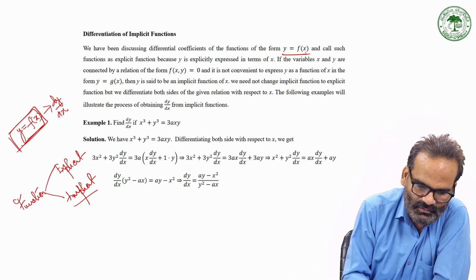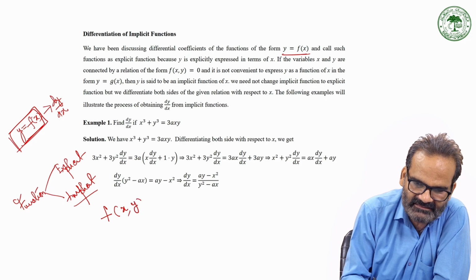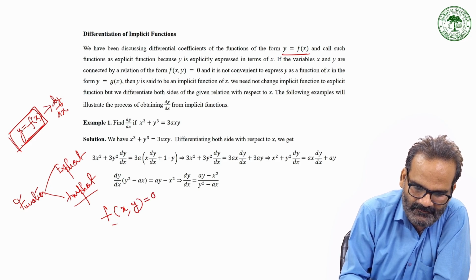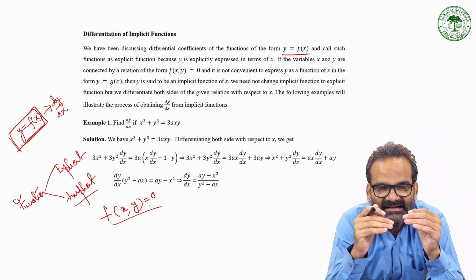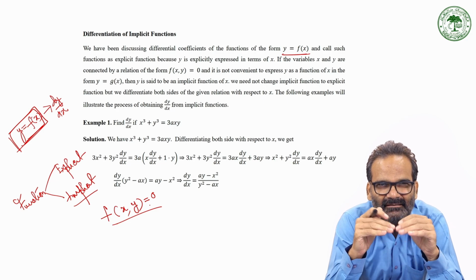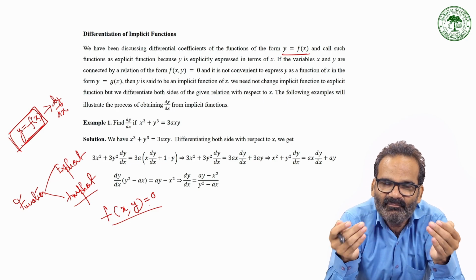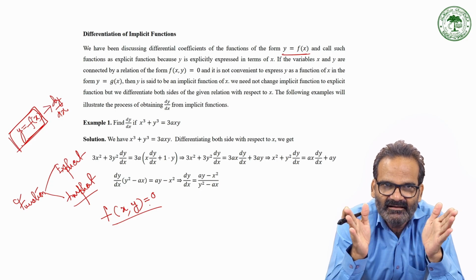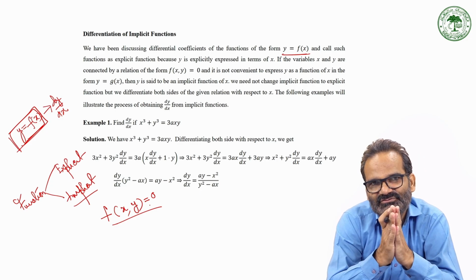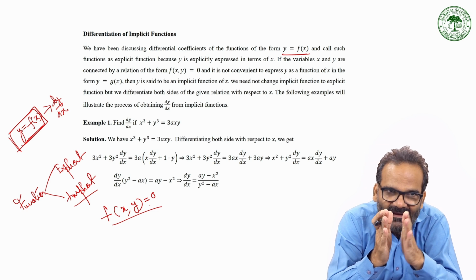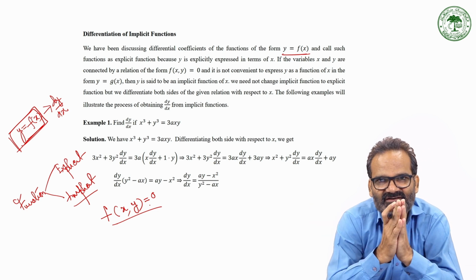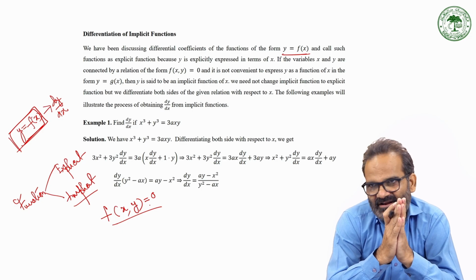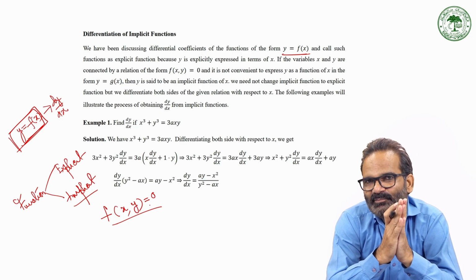If we have two variables in f(x, y), and both variables x and y are mixed together, they can be multiplied together, their powers can also be multiplied, in such a way that you cannot separate x and y from this function, then such a function is known as an implicit function.